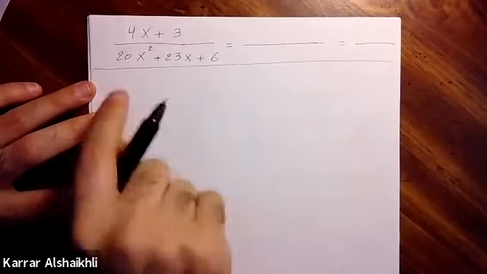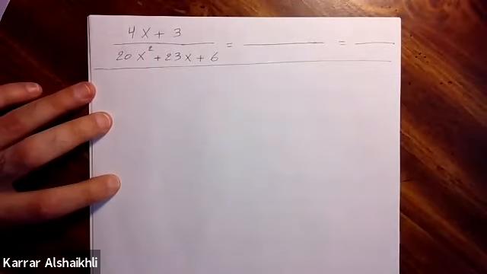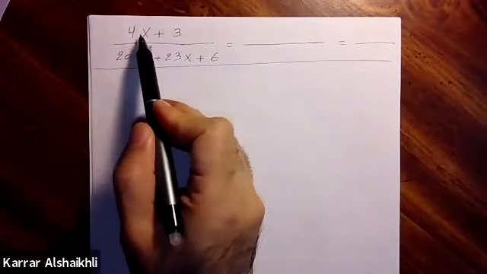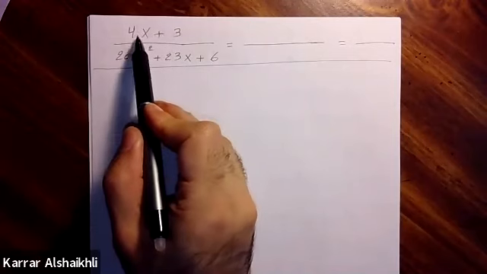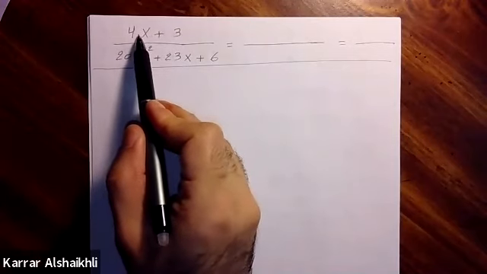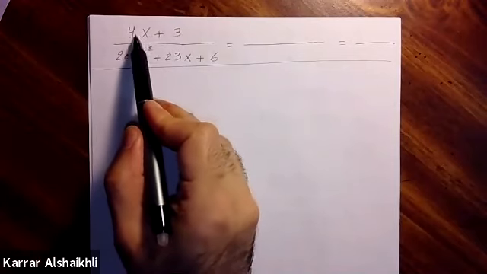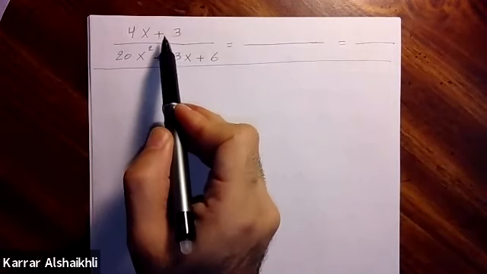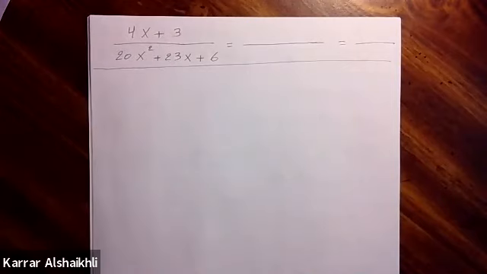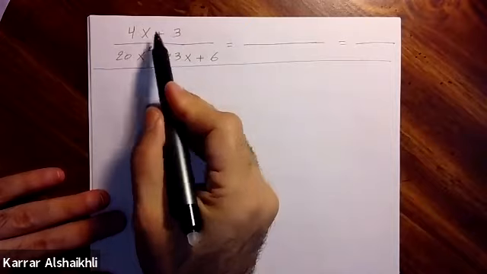If you check the top part, you can't factor this binomial, two terms. The first step, I need to find the GCF between 4x and 3. There is no GCF between 4x and 3. And we can't use the difference of two squares because it's a plus between the terms.